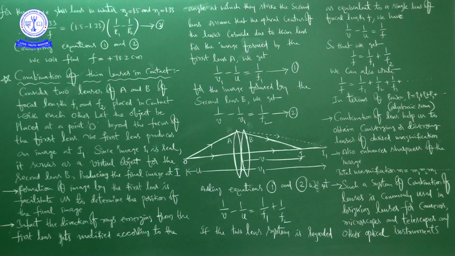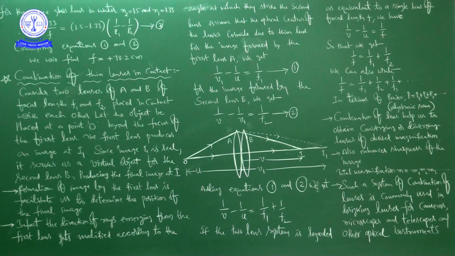So this second lens B forms the image at I for I1 as a virtual object. Okay, right. So this is the situation that happens because of two lenses in contact.